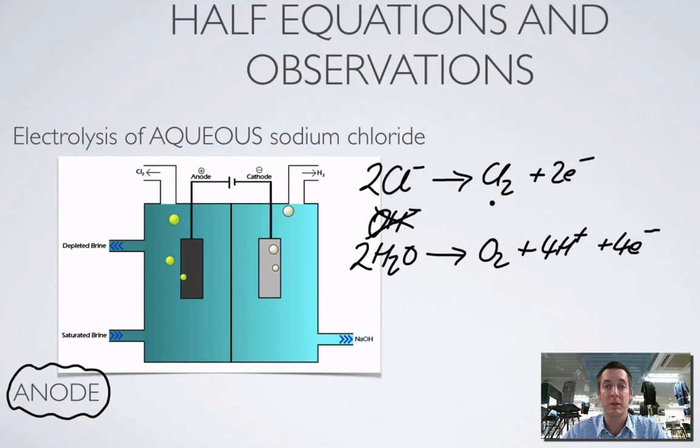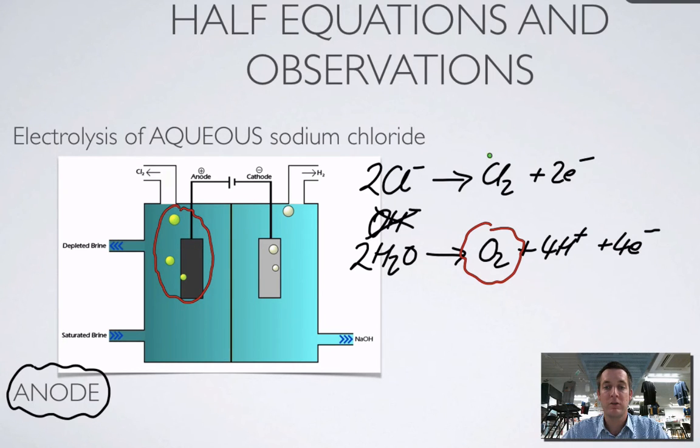So what we need to be able to do is look at what is happening at this electrode, and does it help us to decide which one of these half equations actually took place. Well, if water had been oxidized, then we would have formed oxygen. We should know that oxygen is a colorless gas, but here we've got bubbles of green gas forming.